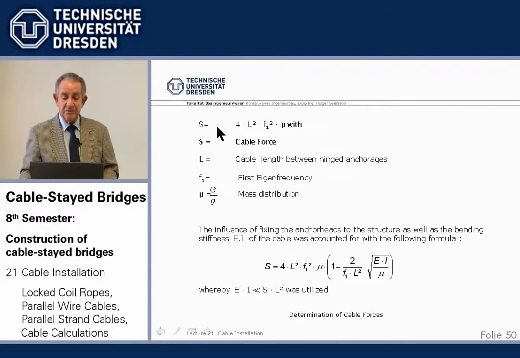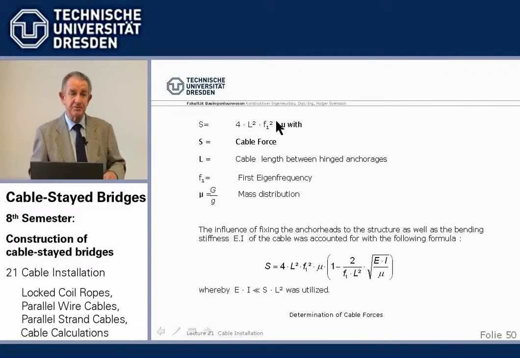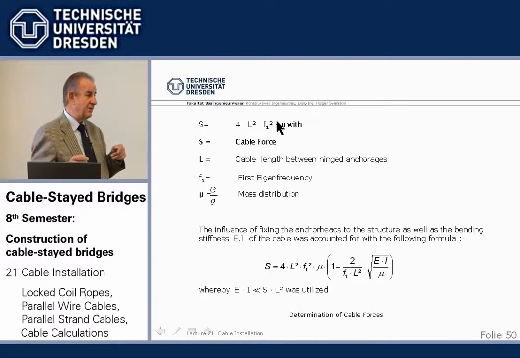Again, the basic formula is that the cable force depends on the square of the cable length, the square of the first eigenfrequency, and the specific weight of the cable. Now, how to measure the eigenfrequency of a cable? That's very simple. I've done it personally quite often.